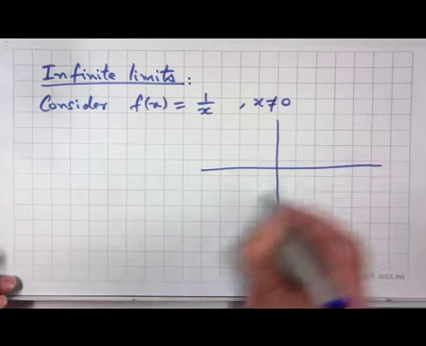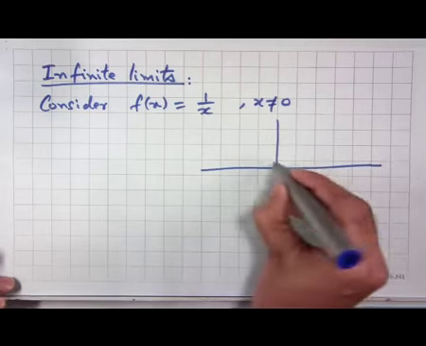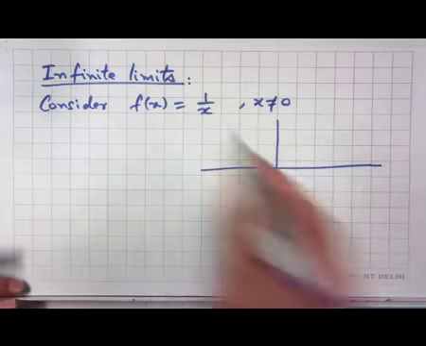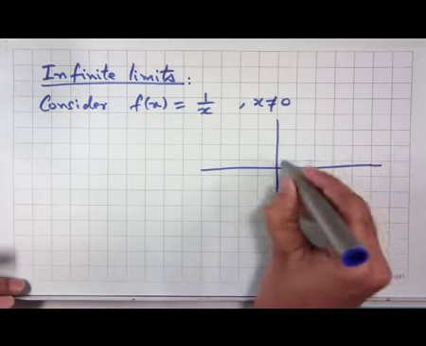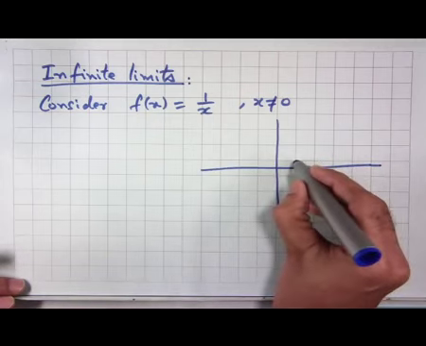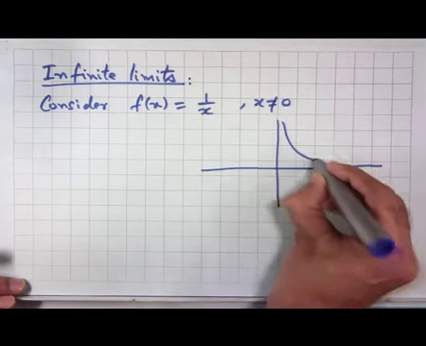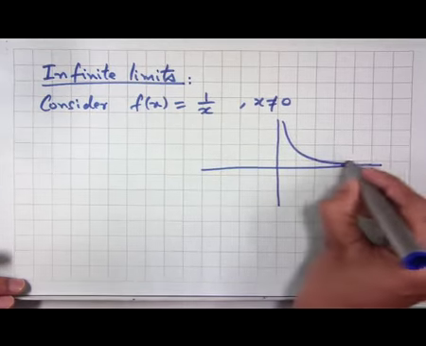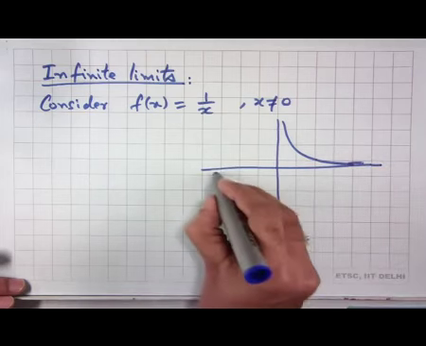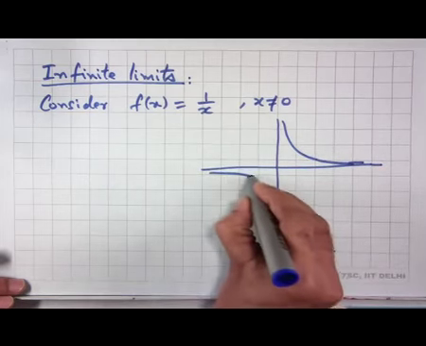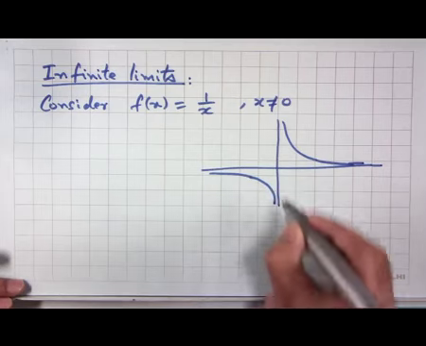If you see, as we approach 0, as x becomes a small positive number, 1 by x becomes larger and larger. The graph of this function is this rectangular hyperbola, and for negative x we have this.